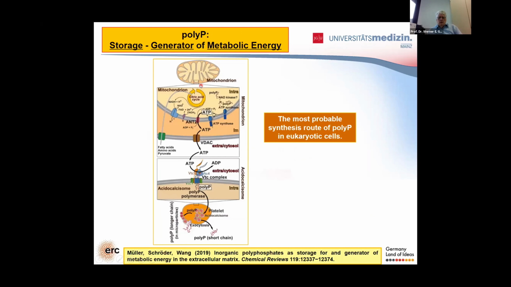How is this polyphosphate made? Of course, intracellularly. In mitochondria, we get the synthesis of ATP, and ATP is then released into the cytoplasmic space and enters the acidocalcisomes. And during that particular process, most likely polyphosphate is synthesized.